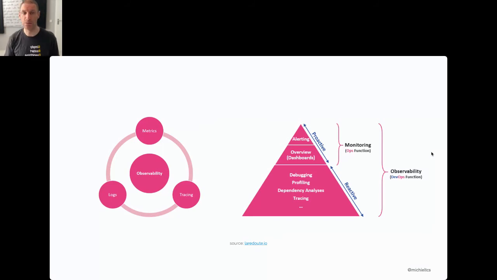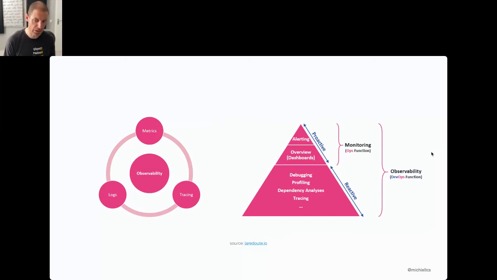You start your debugger, you use tracing, you use profiling to figure out where your system is slow, where there are errors, where they are coming from, et cetera, et cetera. So observability is this mix of proactive monitoring and reactive debugging and tracing and profiling. And together, this is observability.